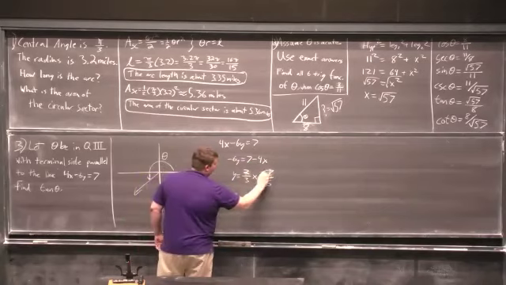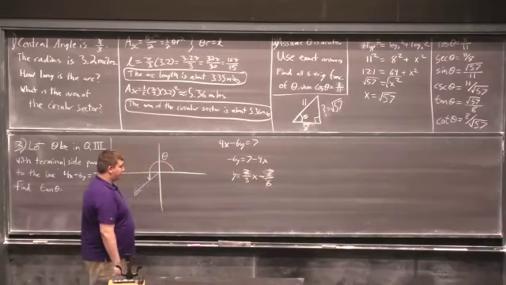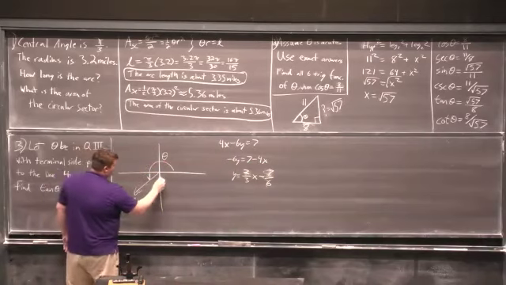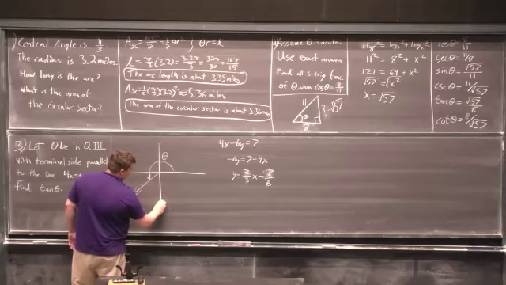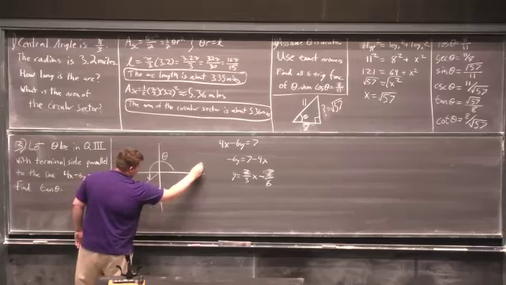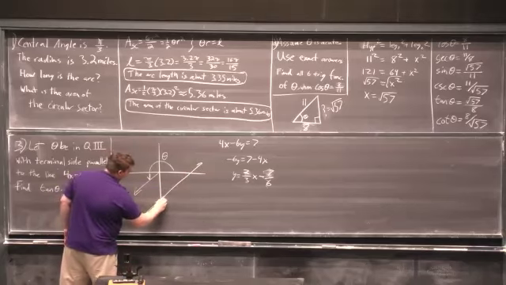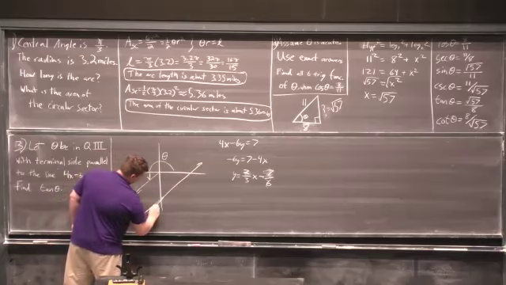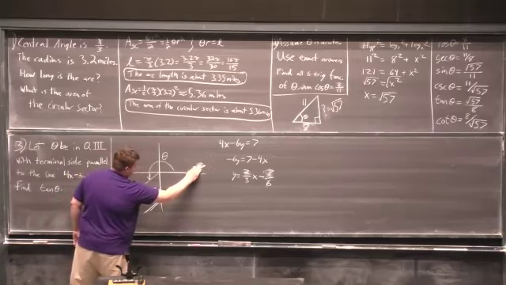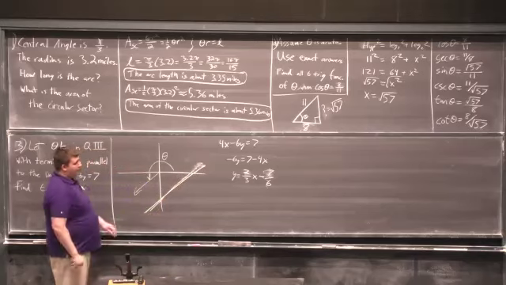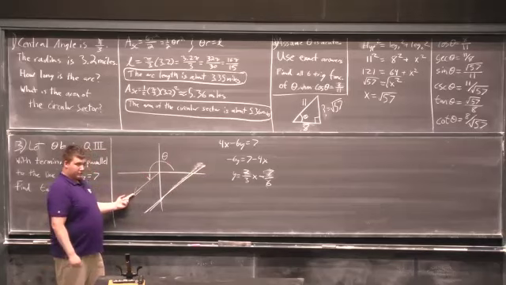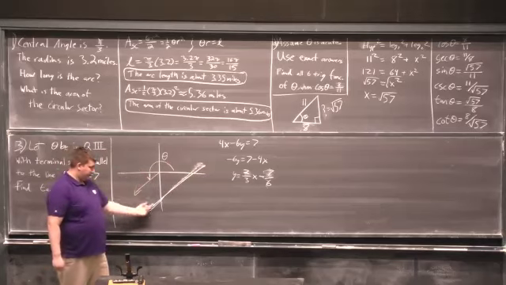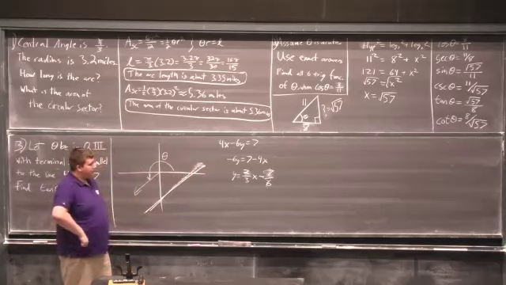I don't care about where my line actually is. I could draw it on here, and if I did, my line would be something like that. But the point is I want the slope. I want my terminal side to match the slope of this line.